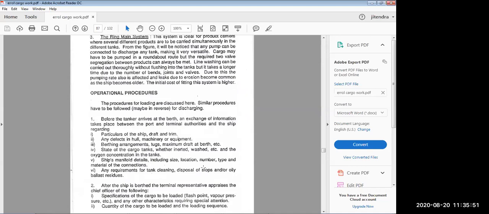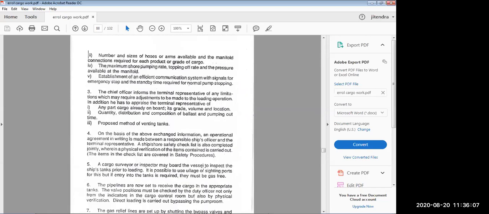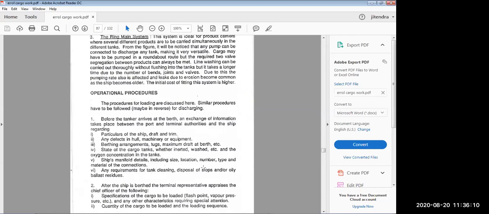So port papers, cargo documents required are ship particulars and cargo ship certificates, any defects in hull and machinery or equipment, berthing arrangements, tugs, state of the cargo tanks, whether all tanks are good and clean, ready, inerted, washed, how much is the gas content, manifold, how much is the pipeline, which manifold, what is the size, location, number. Then any requirement for tank cleaning in the port or inerting, slops, oily water.